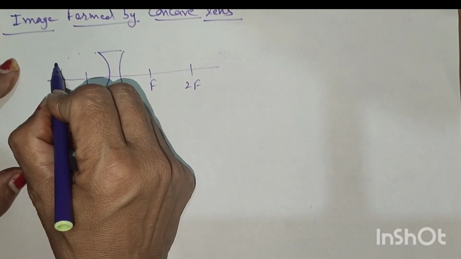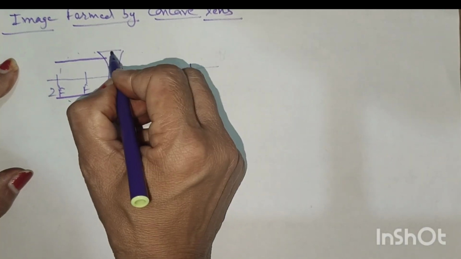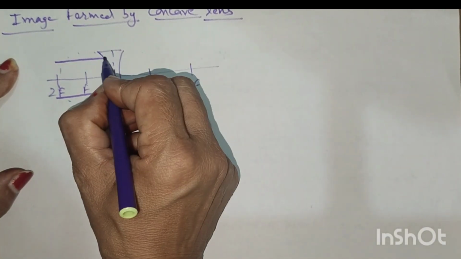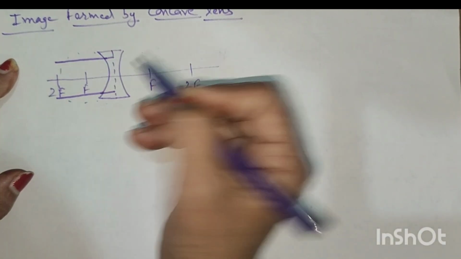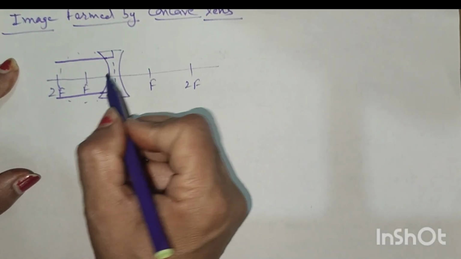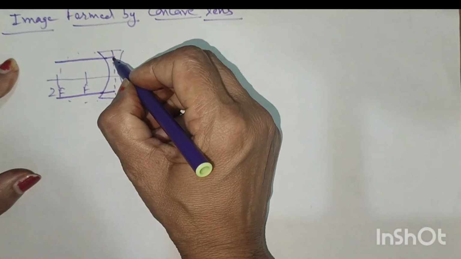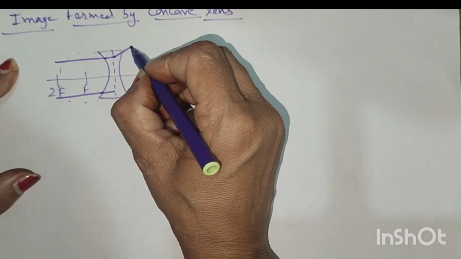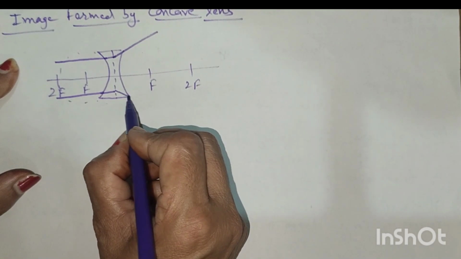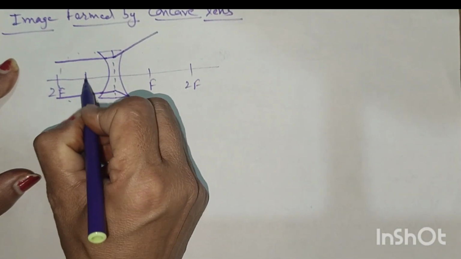Now, if the rays are coming from infinity, then the rays go parallel to the principal axis and after refraction they will go like this, and the focus of this lens is this.